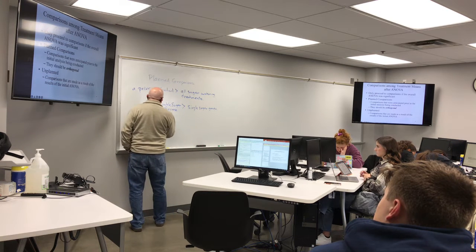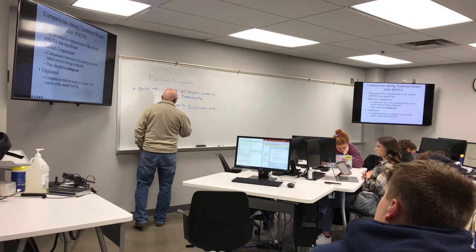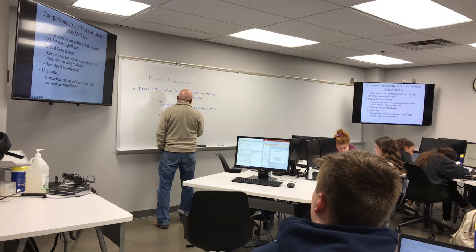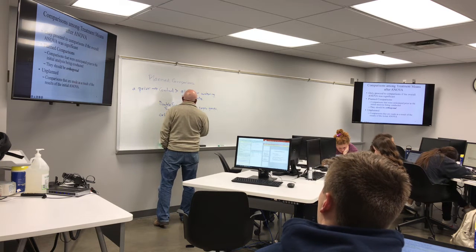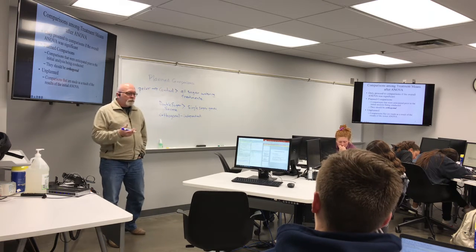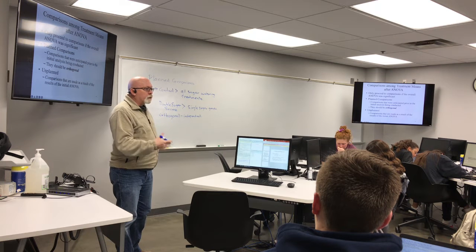Now, these things should be orthogonal. And orthogonal is just a fancy-pants word for saying that they should be independent of one another. The way we do this is by essentially controlling what we're comparing to what.